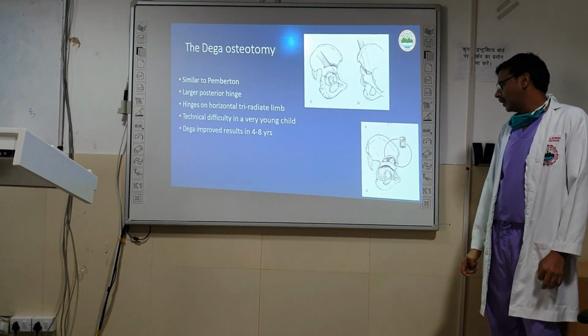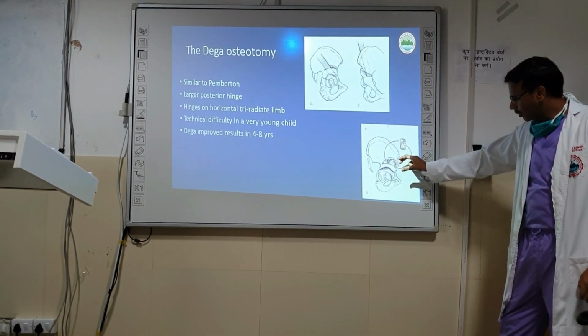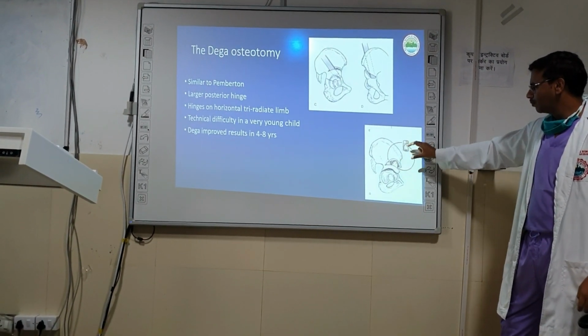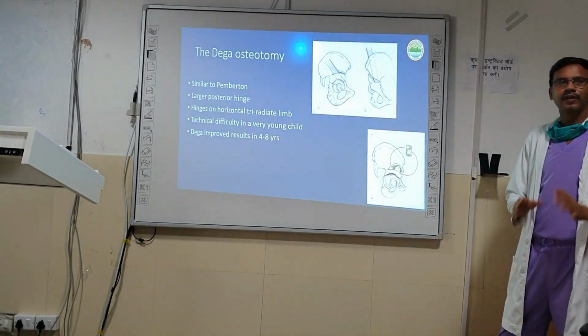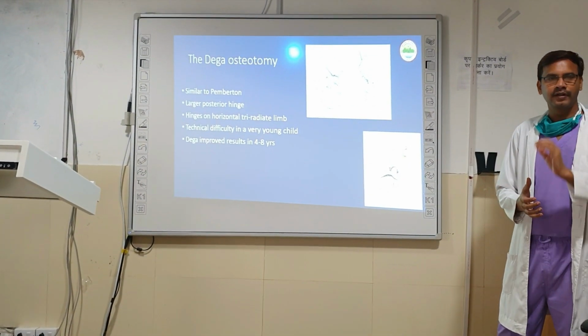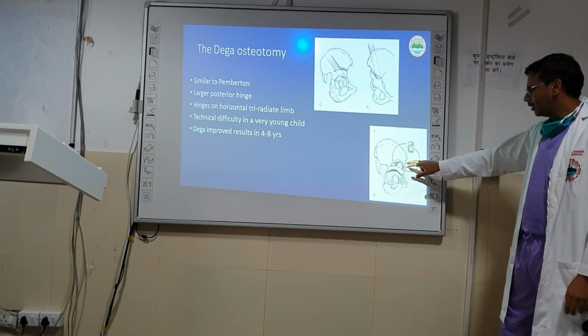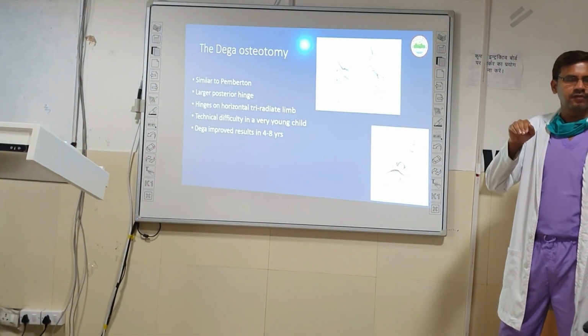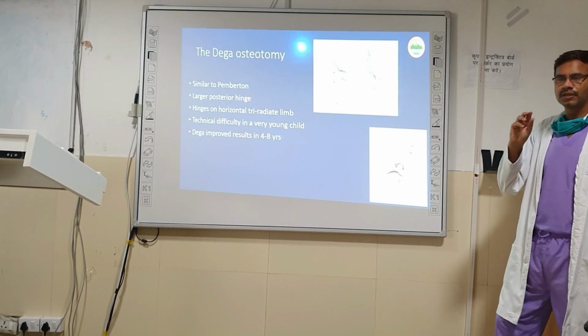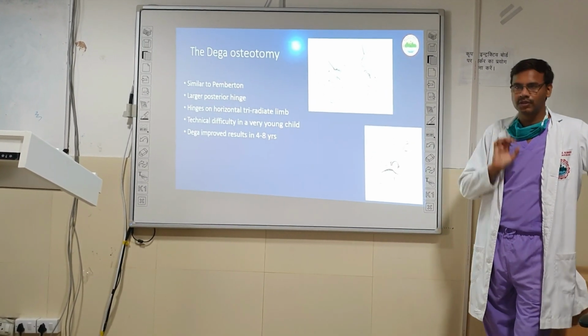Okay, and then once you have taken down the acetabulum, you can put a graft depending upon where exactly you want coverage. If you want anterior coverage, you have to put the graft anteriorly. If you want a little bit more posterior coverage, you can custom make where exactly you put the graft.